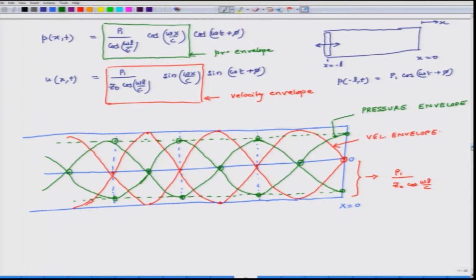So, this term cosine omega t plus phi. Now, time is changing and time goes from 0 to whatever number it can go up to. So, the value of this cosine term will fluctuate anywhere between plus 1 and minus 1, right.